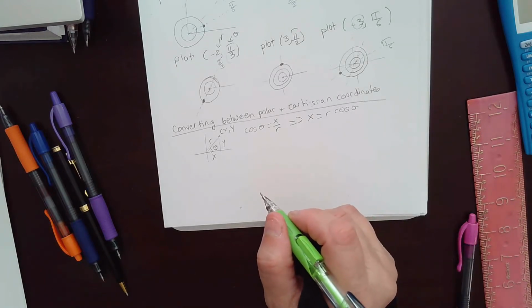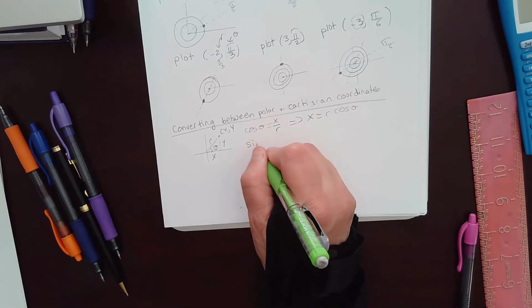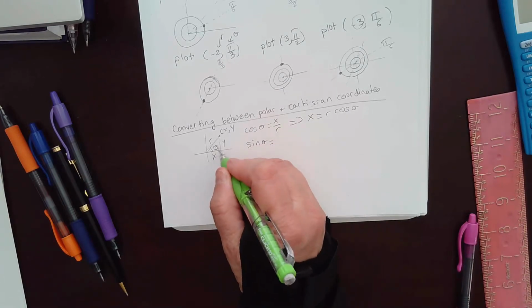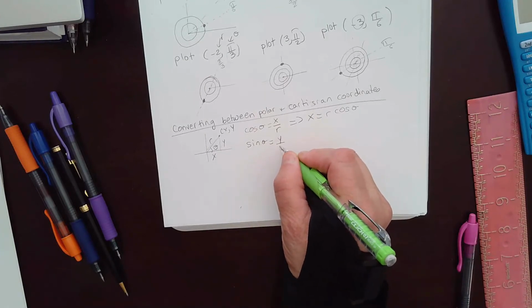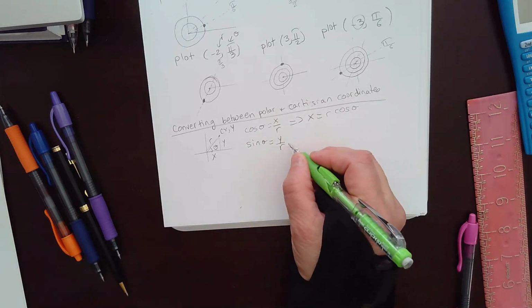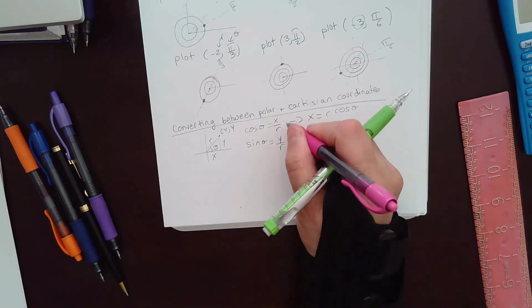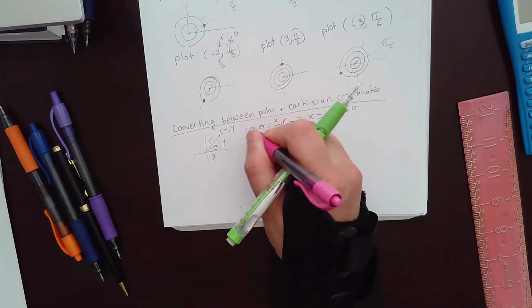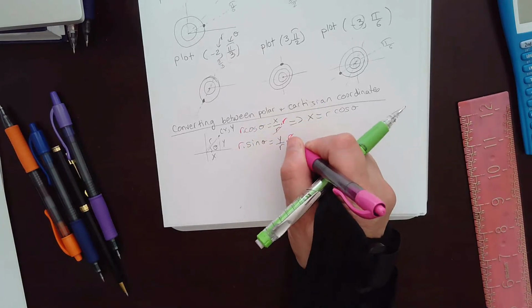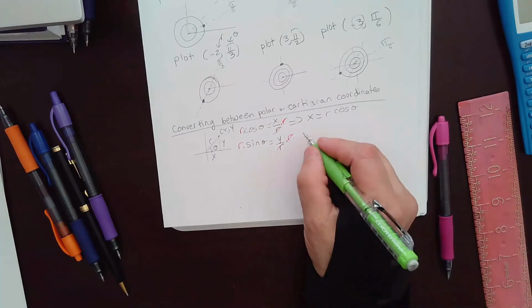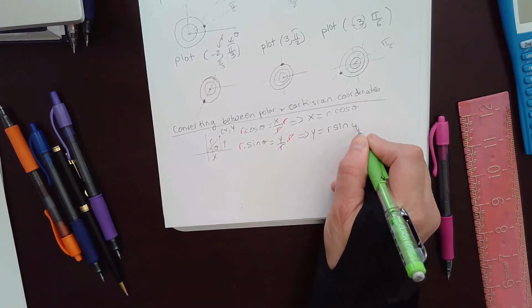Okay, and then sine theta is opposite the angle, which is y, over hypotenuse, which is r. Again, if you multiply both sides by r, they cancel, so y would be equal to r sine theta.